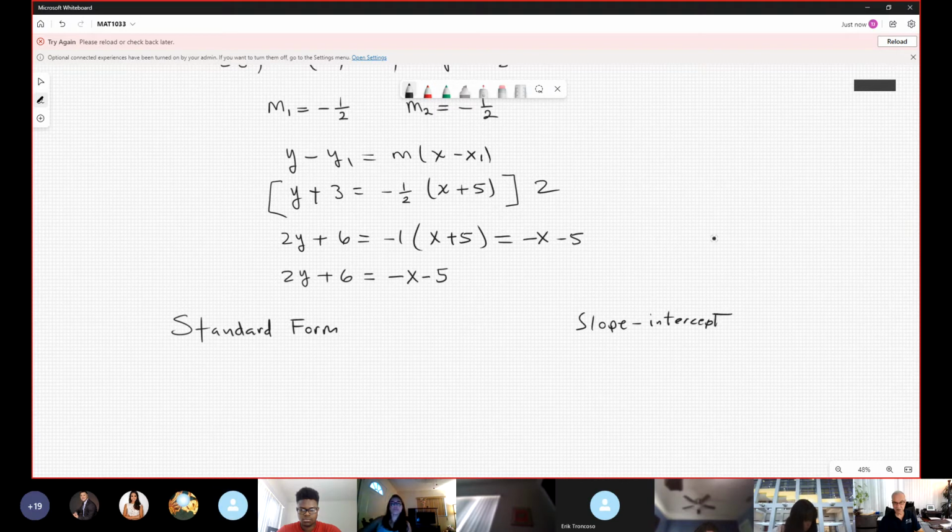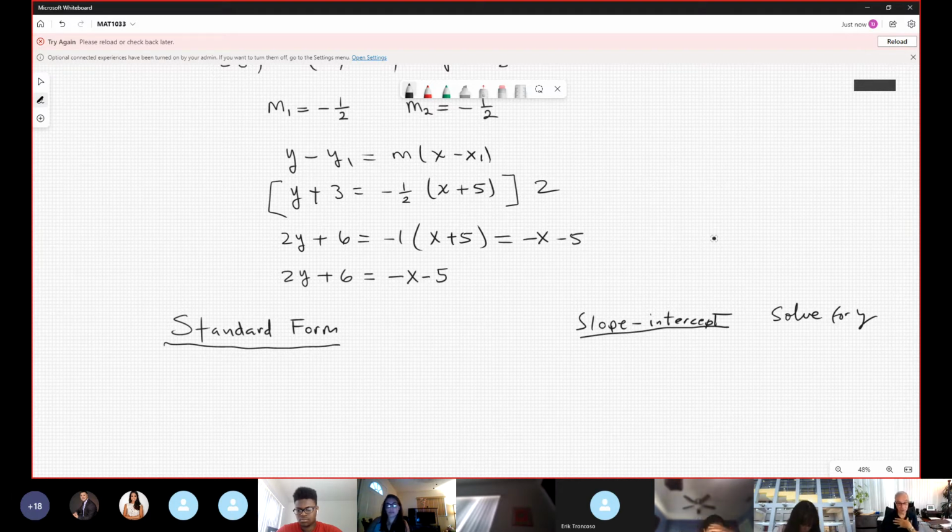I know it's easy, because for finding slope-intercept you solve for y. For standard form, you put the variables x and y on the left-hand side and the numerical part on the right-hand side.